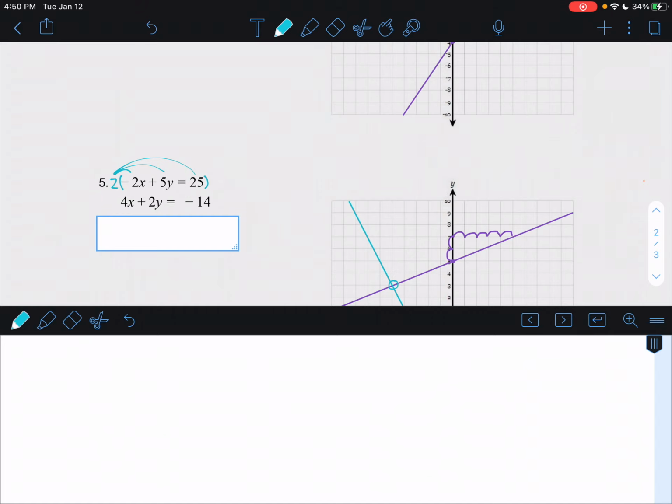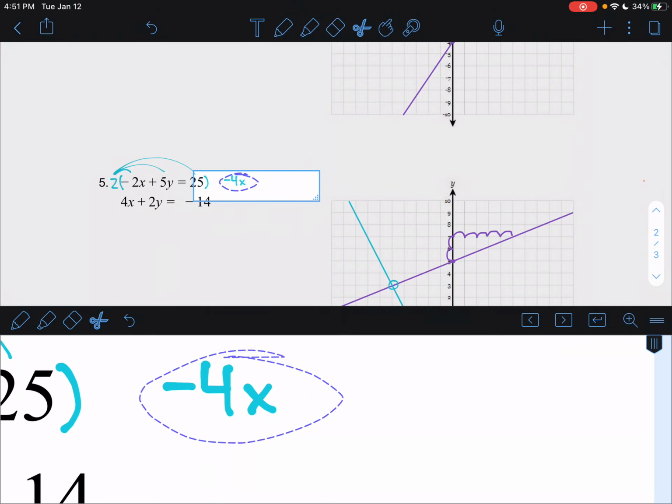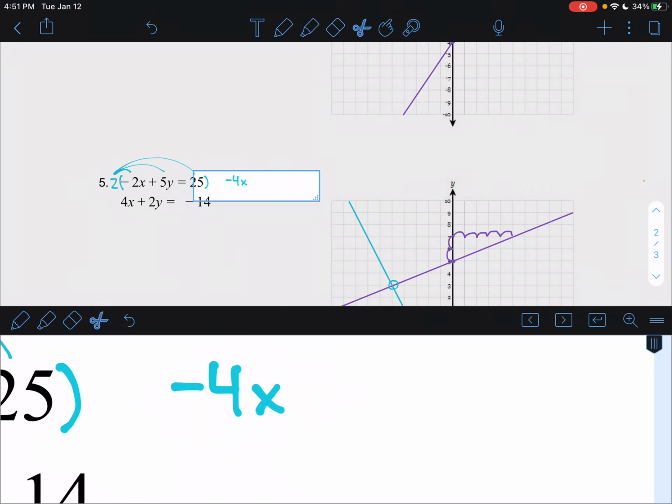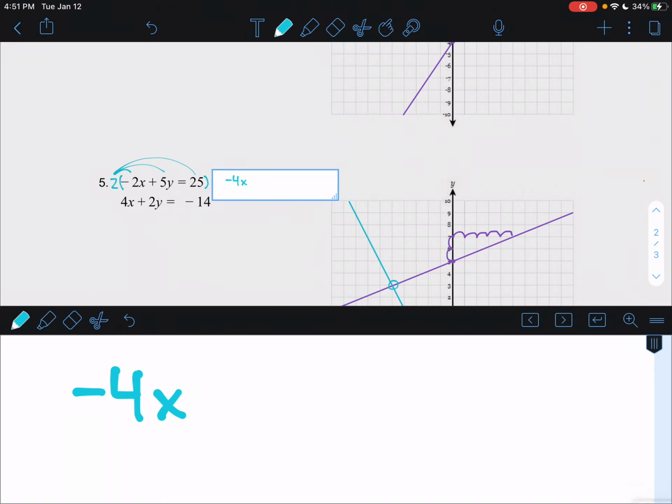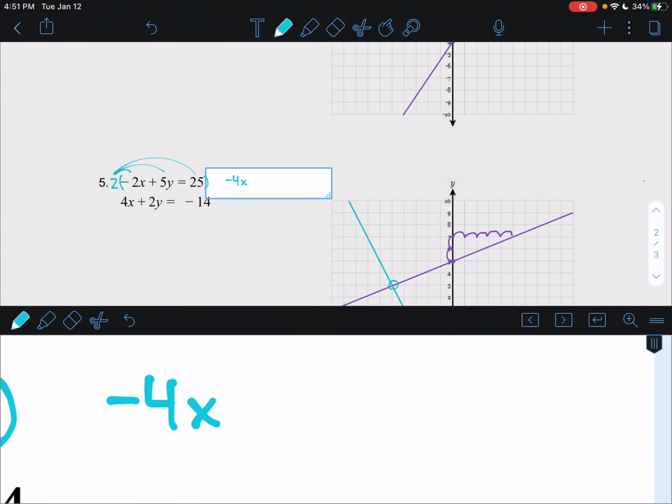And that is going to give me, well, I'll rewrite my equations. Actually, I'll bring them over here just for uniformity, like continuity. So I have 2 times negative 2x was negative 4x. 2 times 5y is 10y.